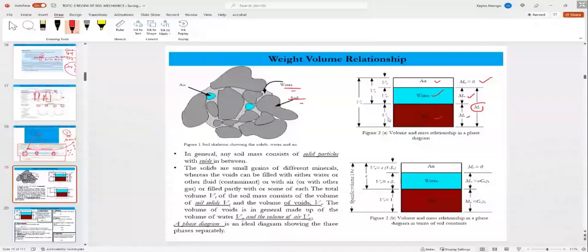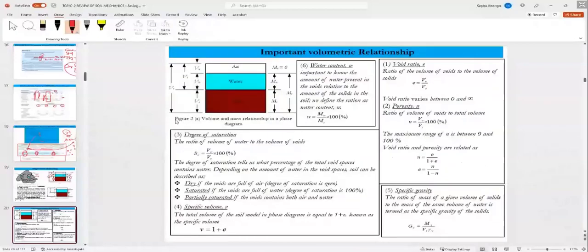The volume of air and water make the volume of voids, and the volume of voids plus the volume of solids becomes the total volume. Now we need to define the void ratio, which is the ratio of the volume of voids to the volume of solids.